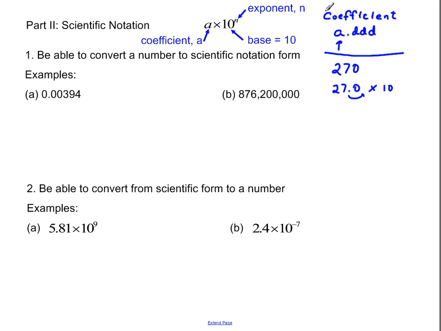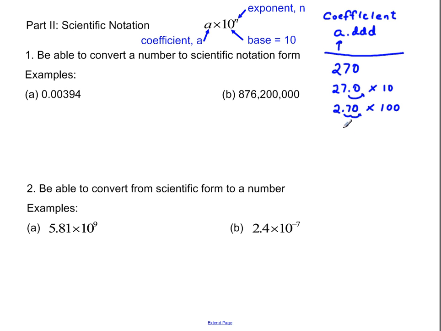But if we want a coefficient, we just want a single number before the decimal point. So what would we have to do? Well, we could multiply this as 2.70 times 100 to get exactly the same value, right? And again, that's just from being able to shift our decimal place to the right, this time twice.